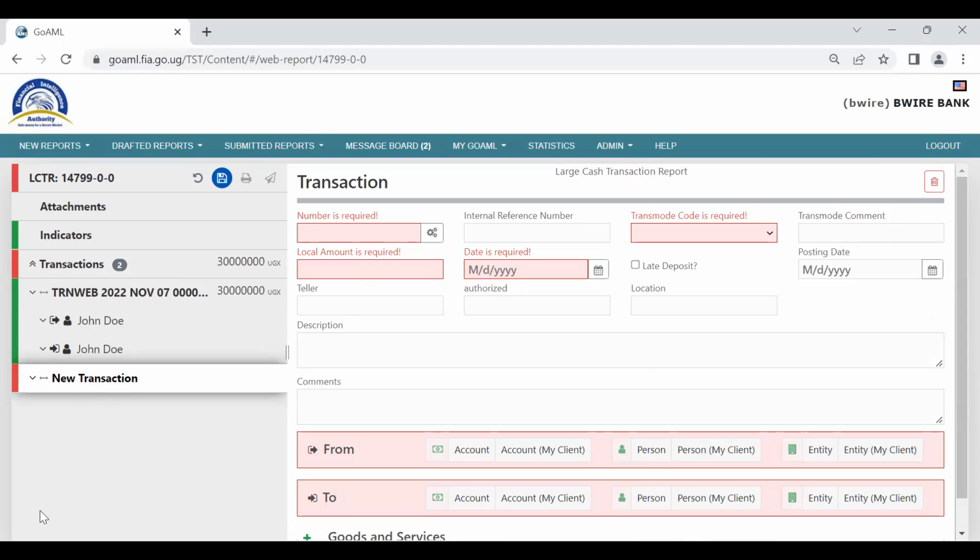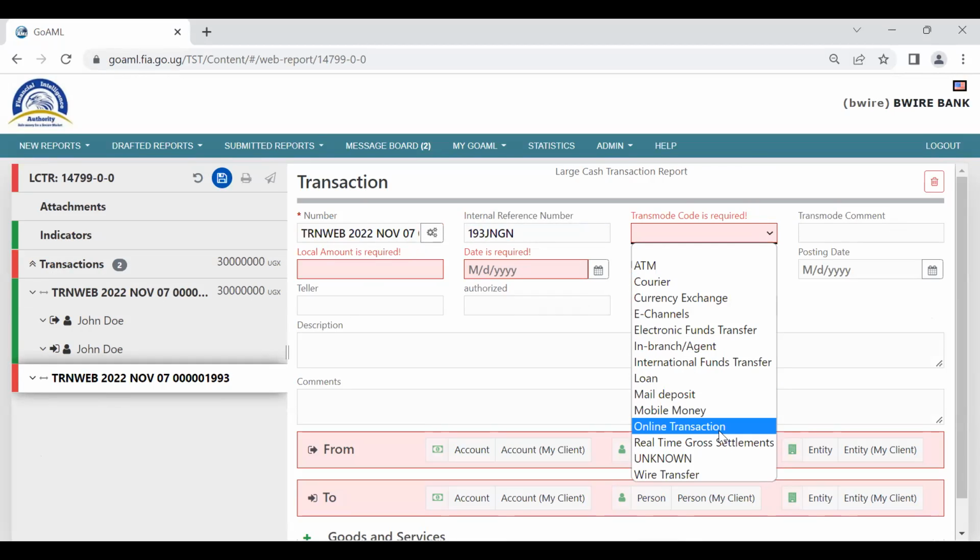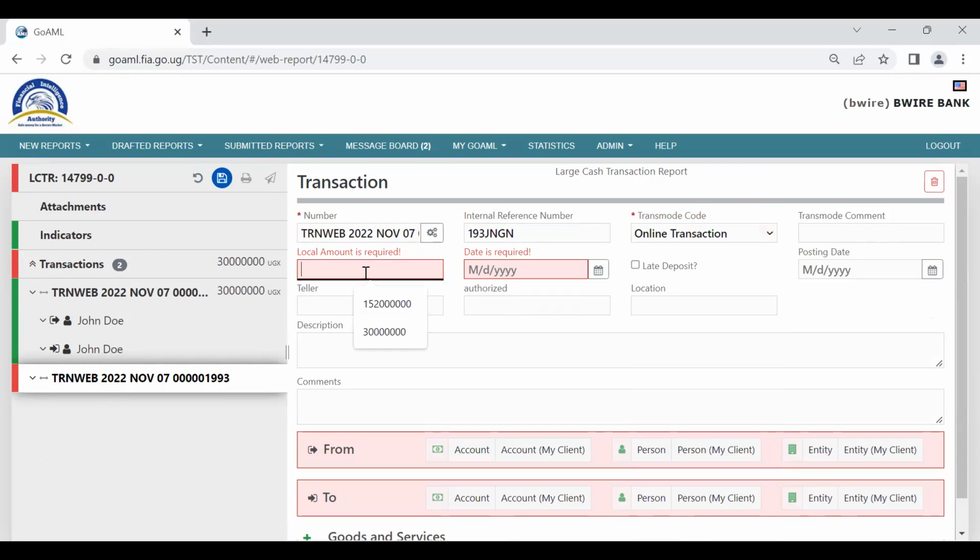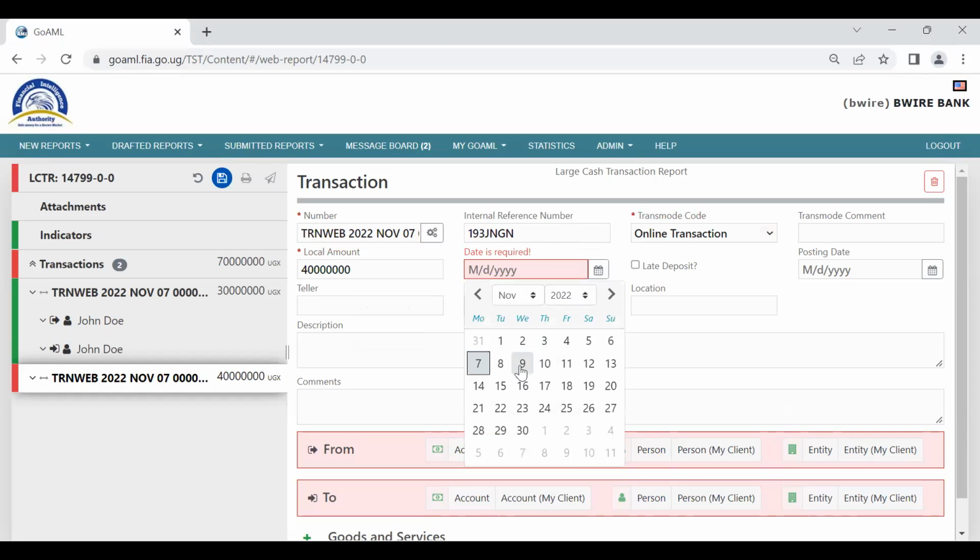Okay, so let's move on. We have the number, we generate it there. We have spoken a lot about the internal reference number. I'll just use a different one this time. Since it's going to be a money remittance example, I'll say online transaction, sending 40 million.